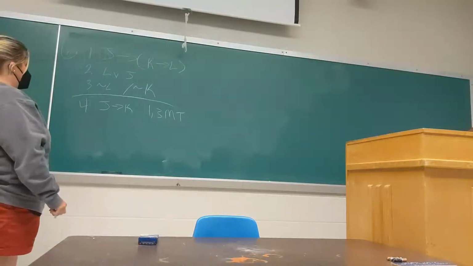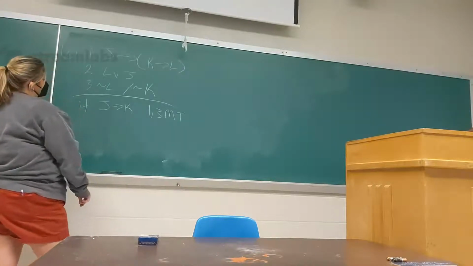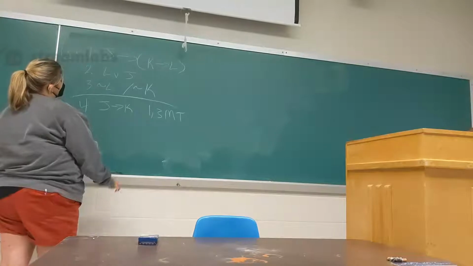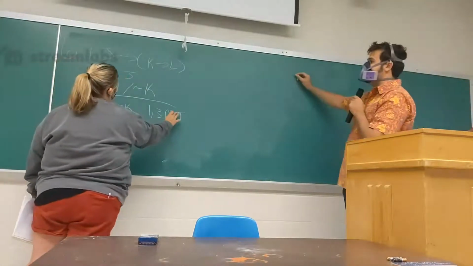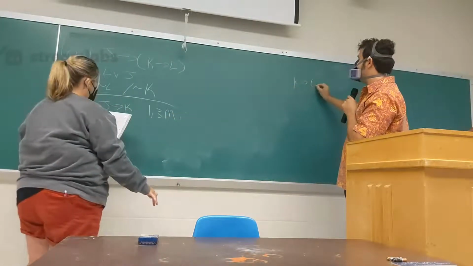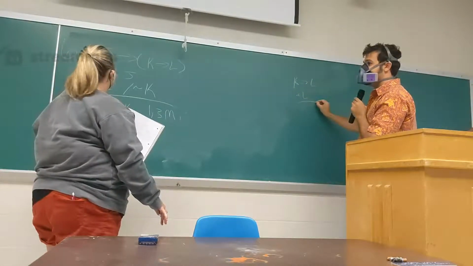So what happens with a modus tollens, you deny the right-hand side, right? And then that leaves you with a denial of the left. Does that make sense? So if I have K then L, and I deny L, what am I left with?